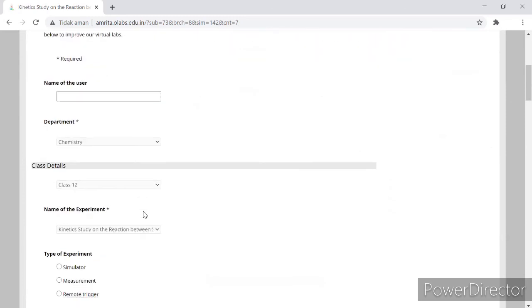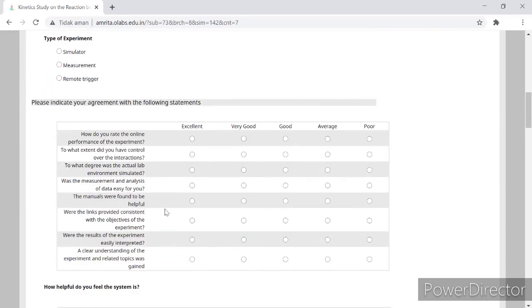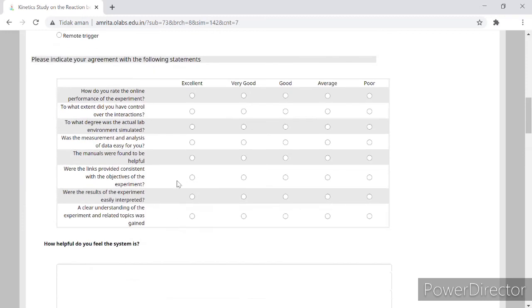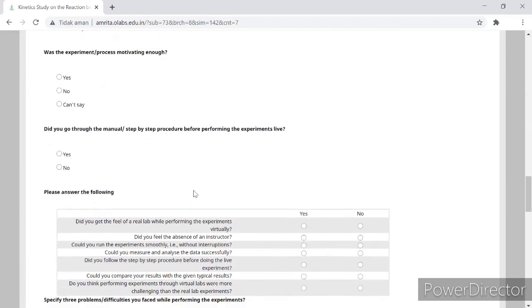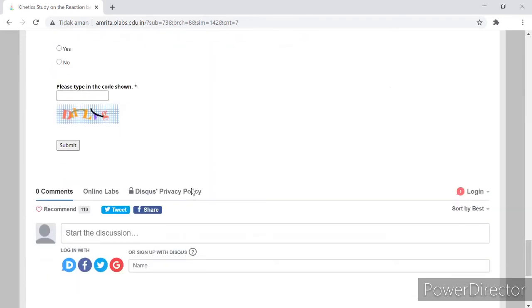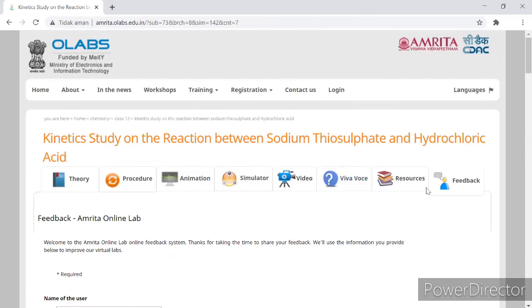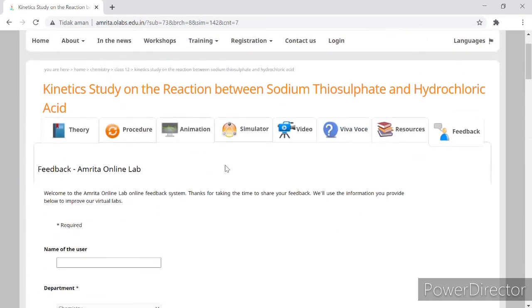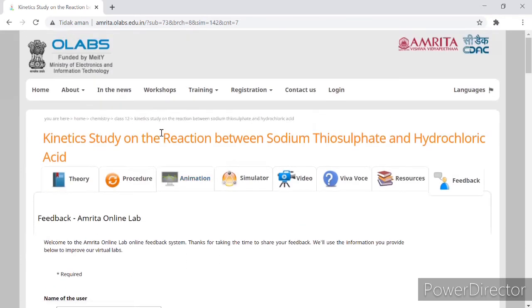So in here, we can share our impression of this website. Okay, so these are some of the components that are available in this website.